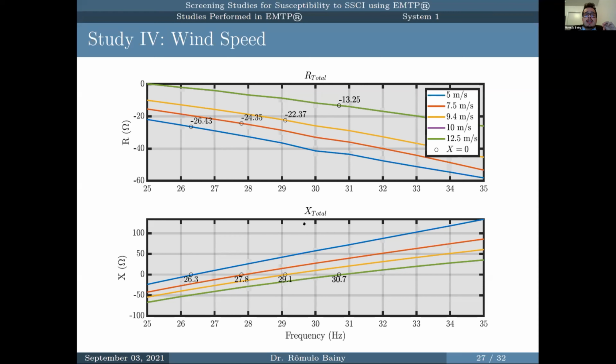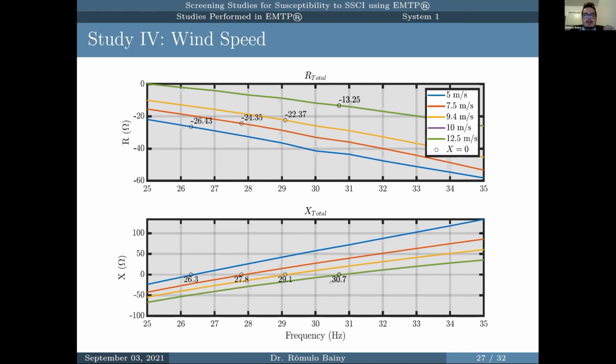If we check X total here to see our crossover, you can see that the crossover point is going to move again to the right. We start here with the blue line with 26.3 hertz until the green line, which is 30.7 hertz. And this again is a series resonance because we are going from the negative side to the positive side.